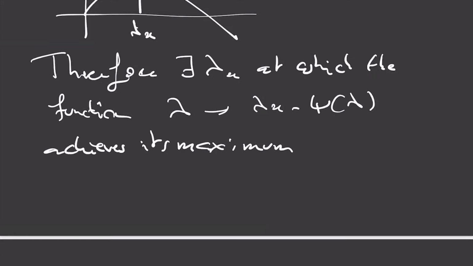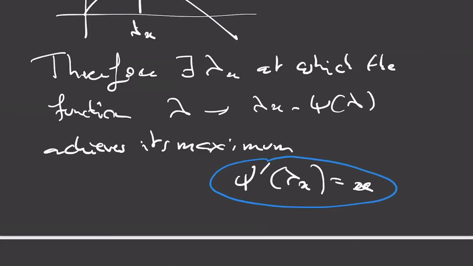And of course, at this point, the derivative has to be equal to 0, which means that psi prime of lambda x is equal to x. It is exactly what we had in mind.